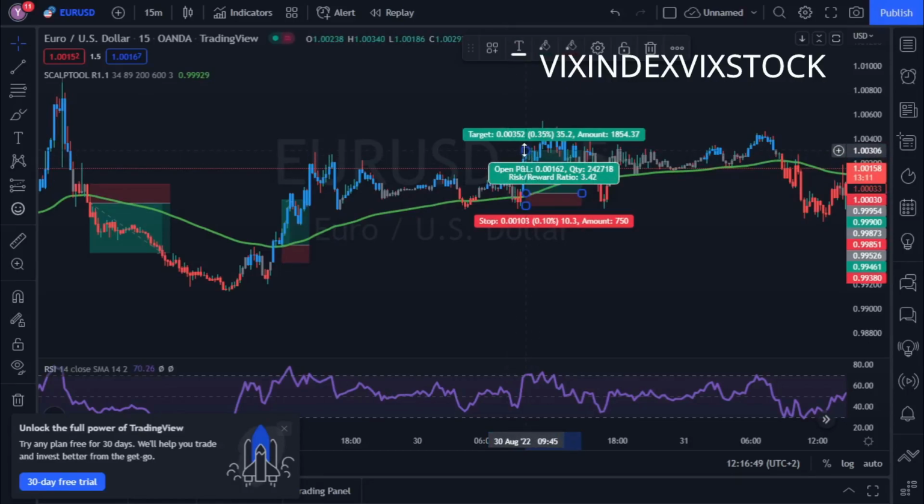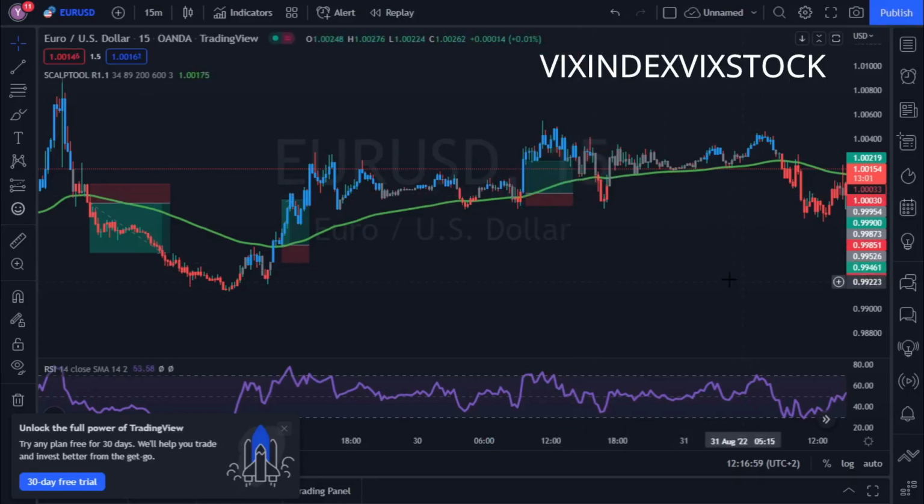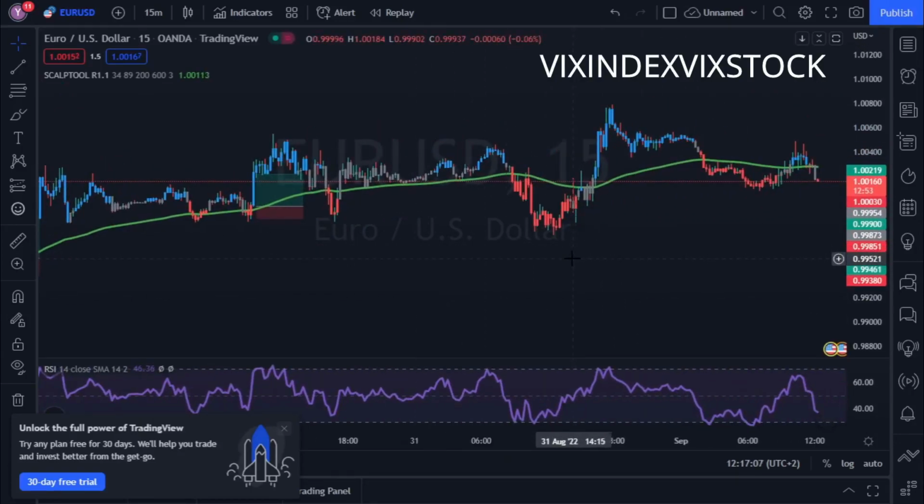So we would want 1 is to 2, 1 is to 2.5, somewhere around there. You enter, you buy, and you get out. We look for another opportunity.